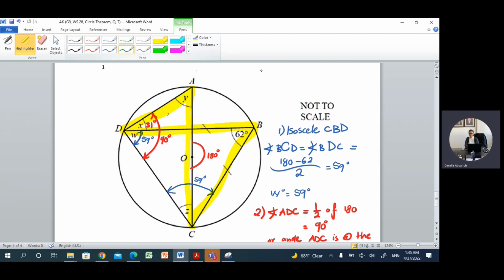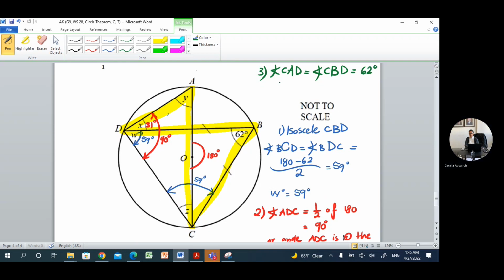So we can say step number 3 here, angle CAD is equal to angle CBD, and they're both equal to 62 degrees.